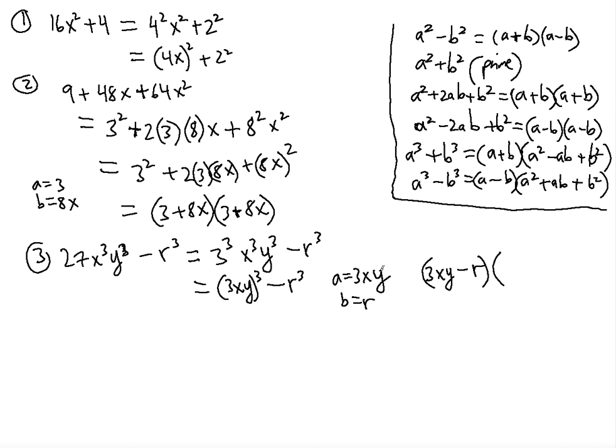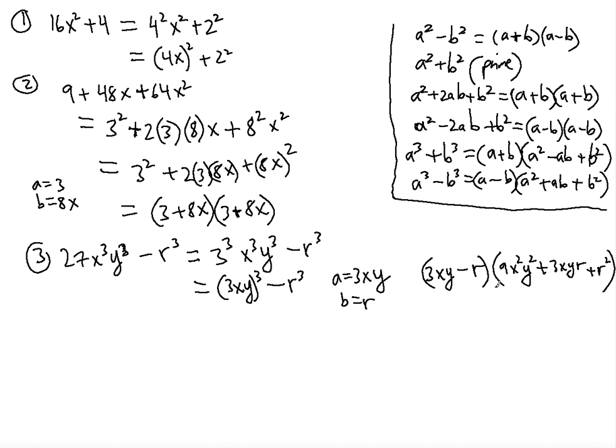A is 3xy, so squaring that will give you 9x squared y squared, plus ab. What's ab? The product of ab is 3xyr. Plus 3xyr. And then b squared is simply r squared. So plus r squared, close parentheses.